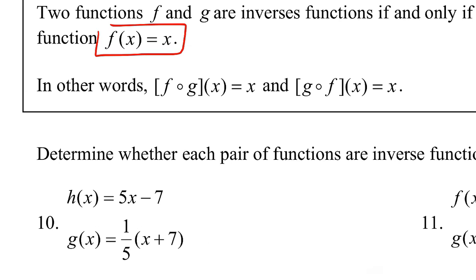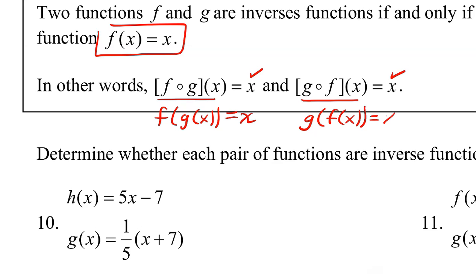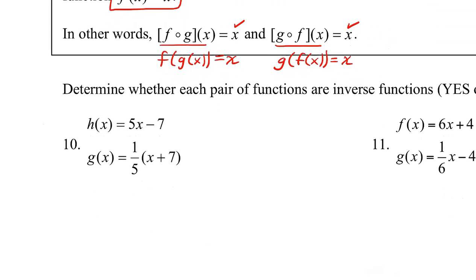It's an entirely different operation than multiplication. But f of g of x must equal x, and g of f of x must equal x to be inverses. You could also see this written as f of g of x equals x, and g of f of x equals x. A lot of "of"s in there. You can use either notation, same thing for inverse.